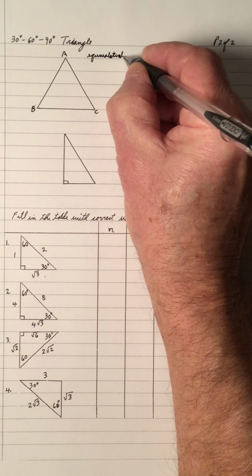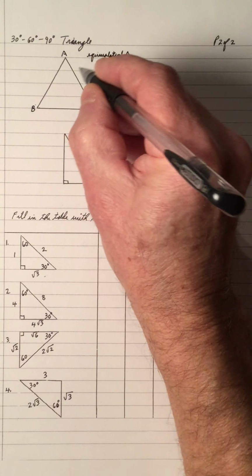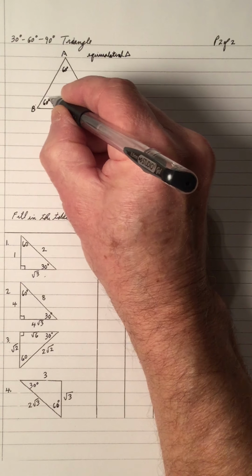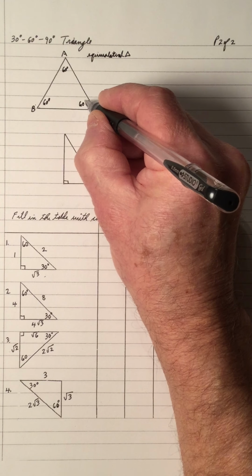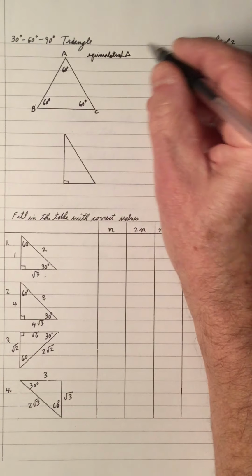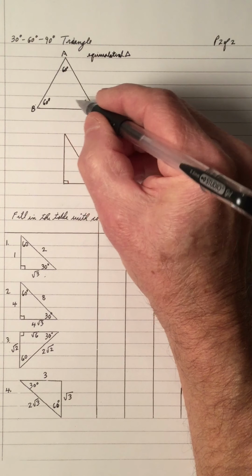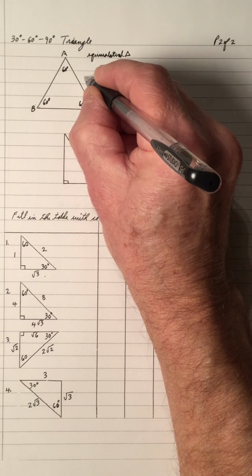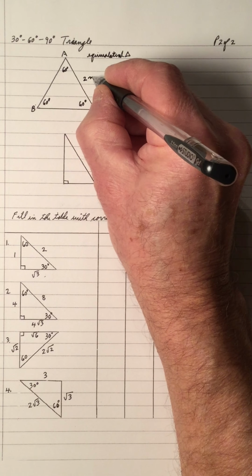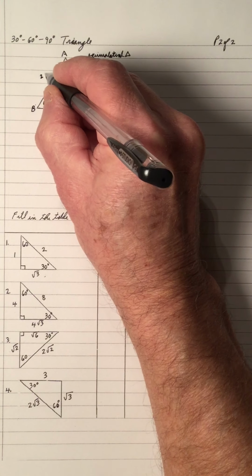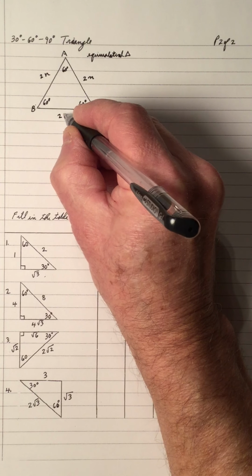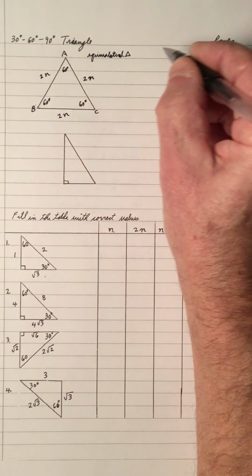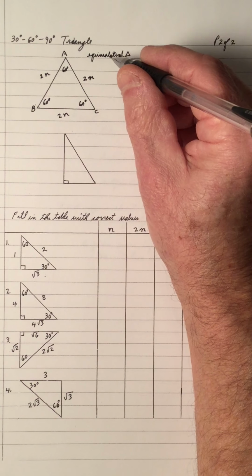An equilateral triangle means that all the angles are 60 degrees, because all the sides are equal, all the angles are equal. So 180 divided by 3 is 60 each. And all the sides are equal, so I'm going to name each side 2n, 2n, 2n. Each side is 2n because all the sides are equal.